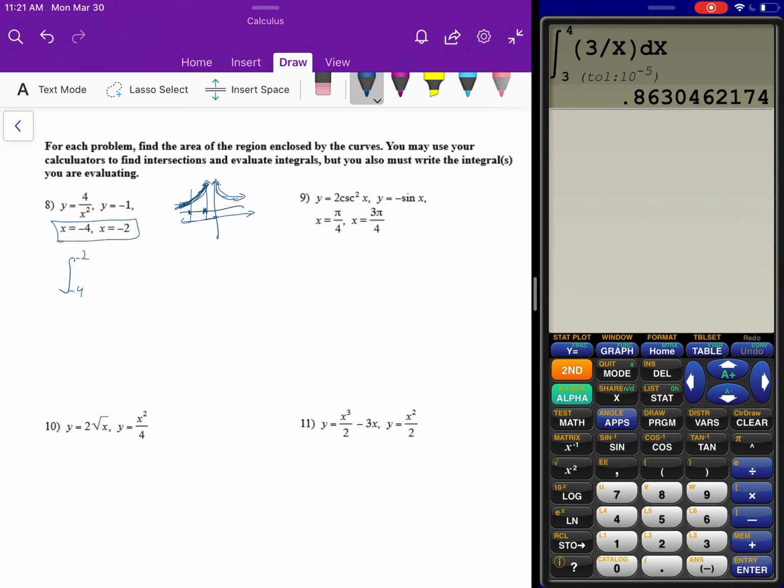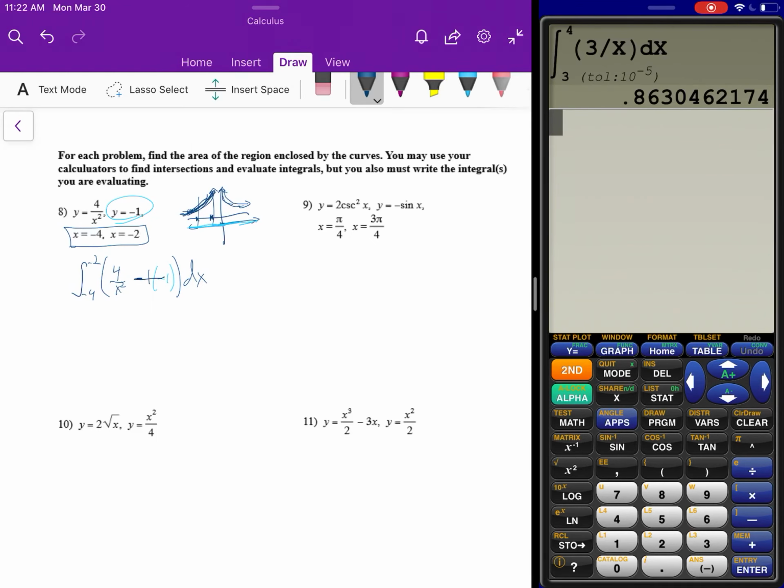So we will do the integral of 4 over x squared minus the lower function, so minus -1, and that's going to be dx. So there's the integral we're evaluating. We can make this a plus sign.